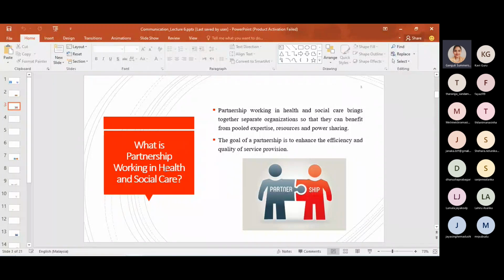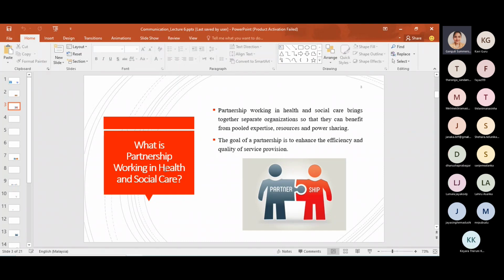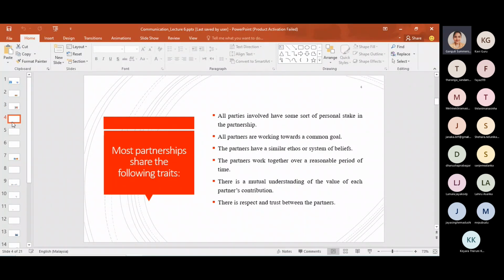When organizations or companies work individually, it will be difficult to increase the efficiency or the quality of service. When you work together with another partner or several other partner organizations, it will be easier for you to enhance the efficiency and the quality of service as well. Okay, so this is just a little bit about partnership working.